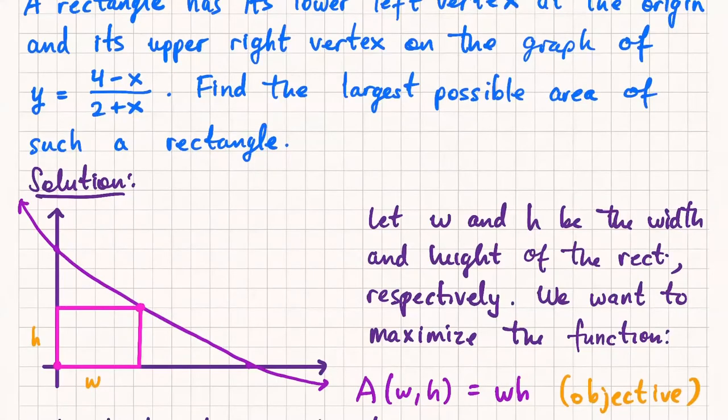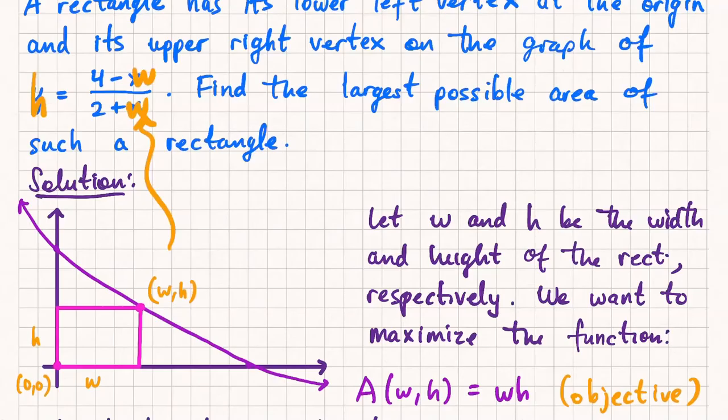What are the coordinates of this point? The lower left vertex is obviously 0, 0. The upper right vertex has coordinates W, H, because W is the horizontal and H is the vertical. But if W, H lies on the graph of that function, then H is playing the role of Y and W is playing the role of X. So H must equal 4 minus W over 2 plus W.